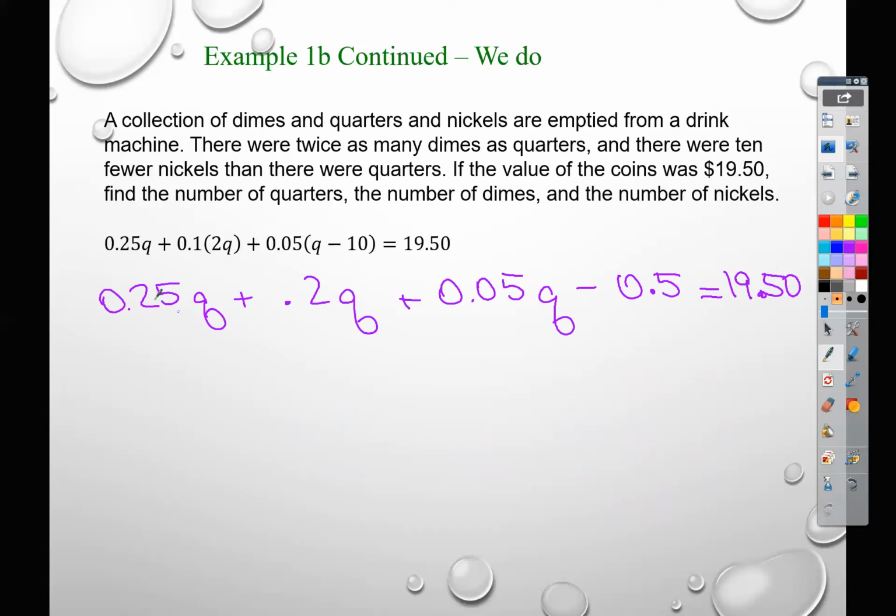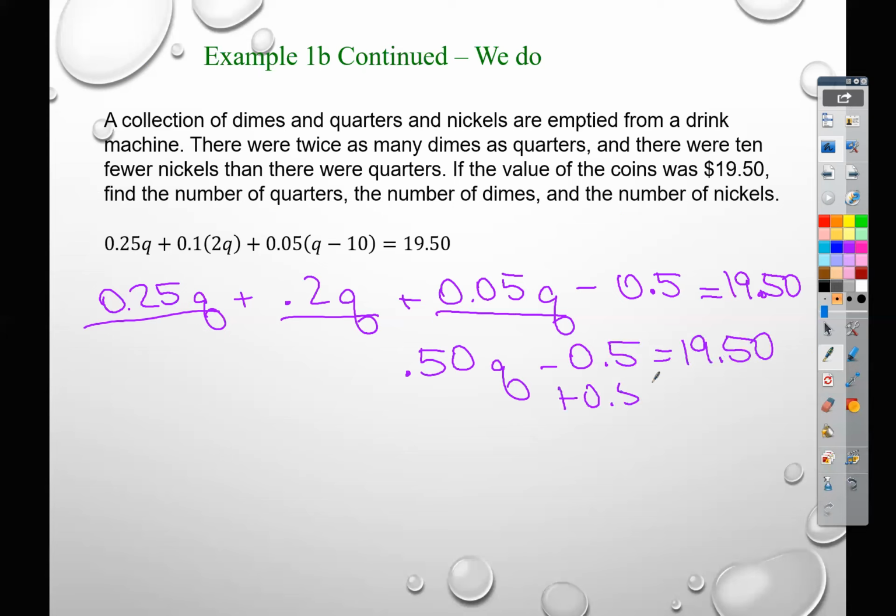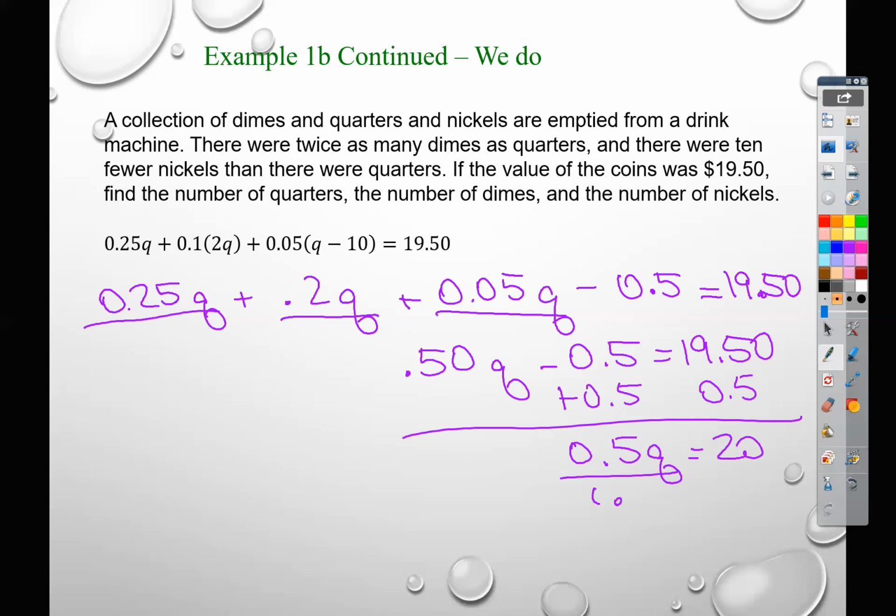Now I'm going to combine all these like terms, so that would give me 50Q. Then I'm going to add 0.5 to both sides, so I get 0.5Q equals 20. If I divide both sides by 0.5, I get Q equals 40.